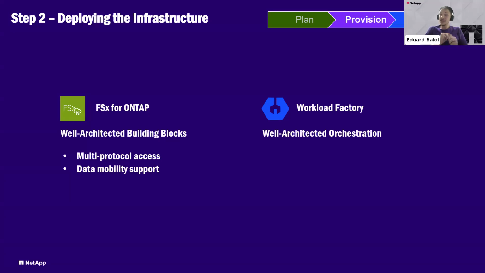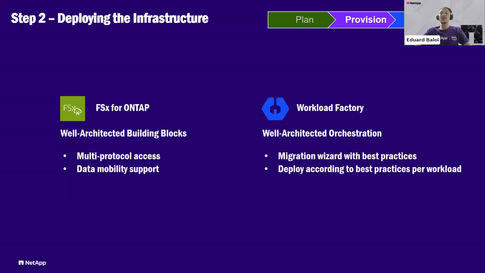We've seen that we can present it to S3, but as well using iSCSI to present it to our block workloads. For Workload Factory into all well-architected orchestration, we can see we have just a simple migration wizard that recommends best practices, but not only that, it actions upon those best practices and deploys our file system according to those best practices.